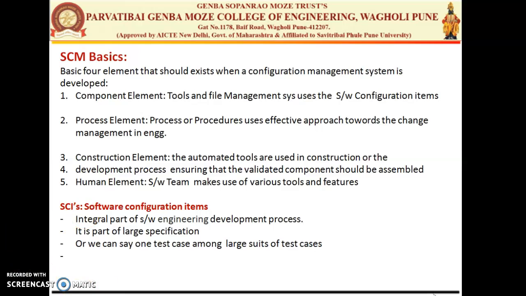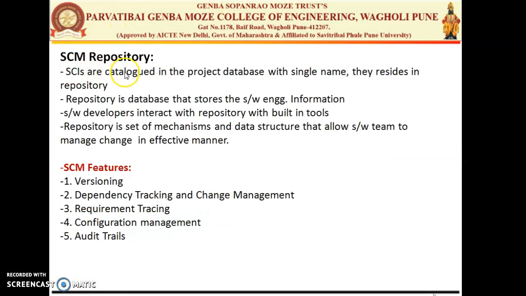Next we'll see the SCM repository. Repository, as the name suggests, is nothing but a library, or a database or catalog, the collection of SCI catalog. SCIs are cataloged in a project database with a single name, and they reside under the repository, or we can say a repository is nothing but a database folder, as you can think of it. So the repository is the database that stores the software engineering information.